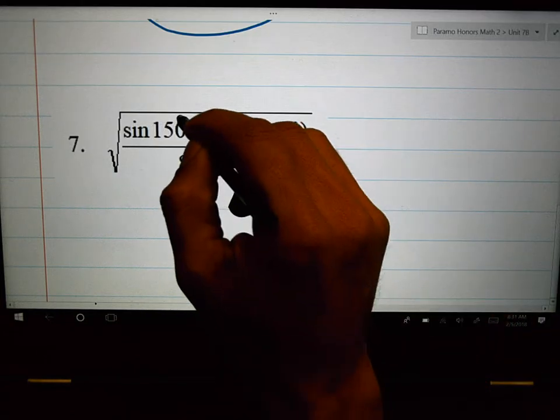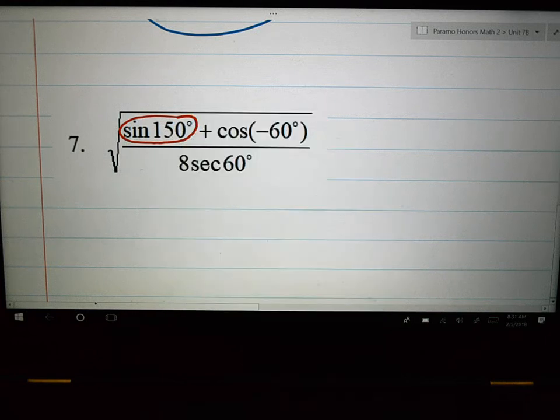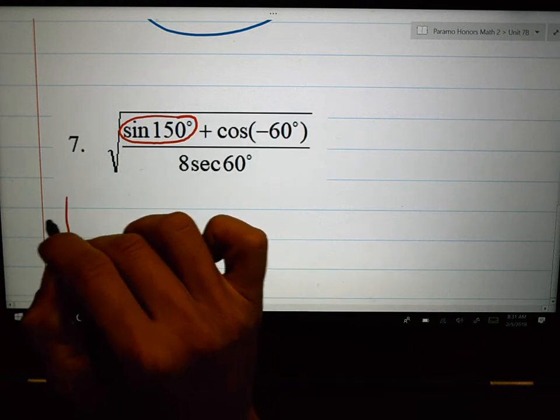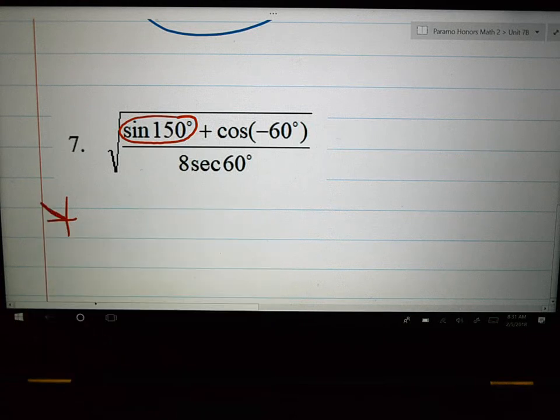I'm going to do this piece first, the sine of 150 degrees. First thing I think of when I'm dealing with that is, okay, 150 degrees is in quadrant 2. Is the sine positive or negative in quadrant 2? I know it is positive.